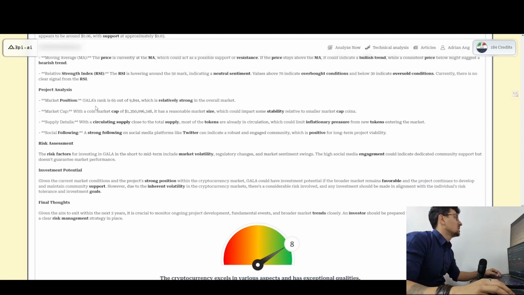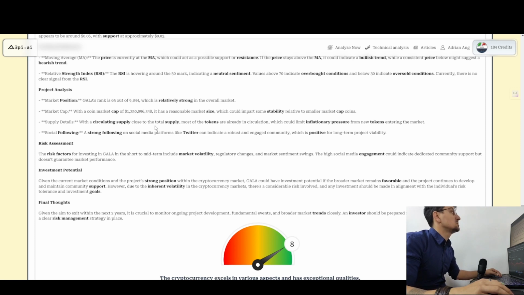Project analysis. Gala's rank is 65 out of probably 10,000, which is relatively strong in the overall market. With a coin market cap of 1.350096348, it has a reasonable market size, which could impart some stability relative to smaller market cap coins.